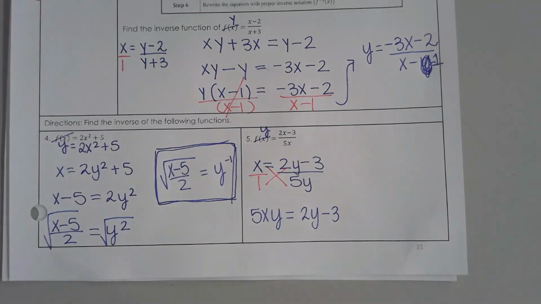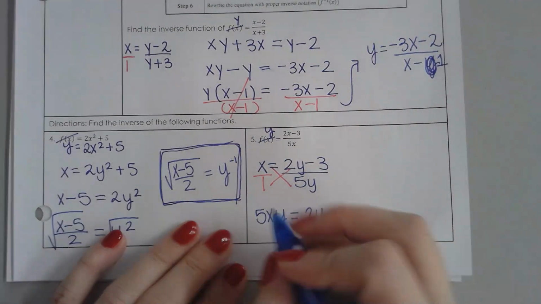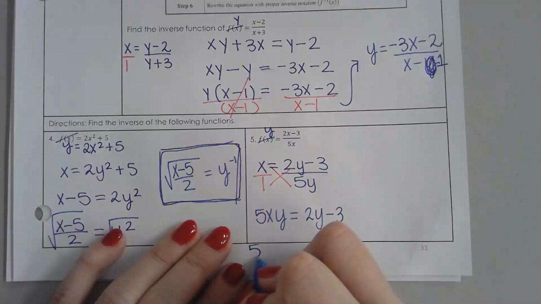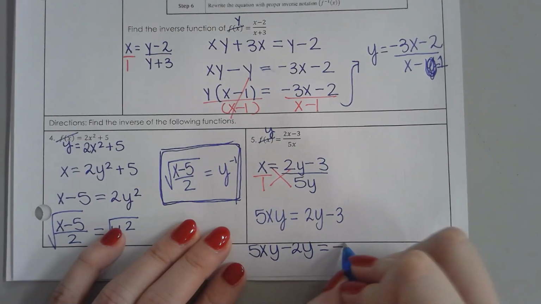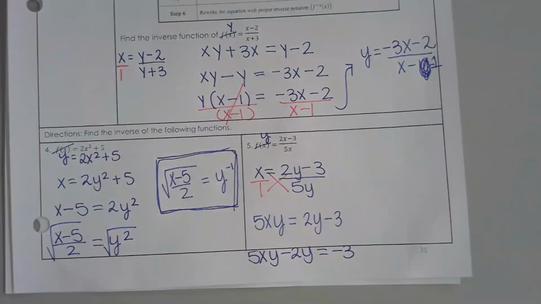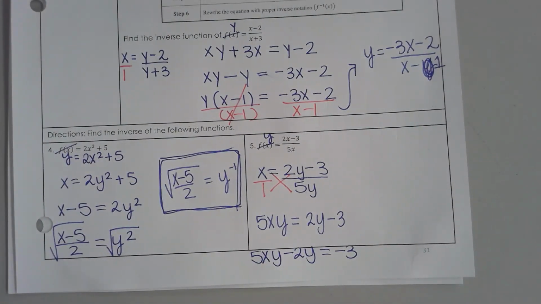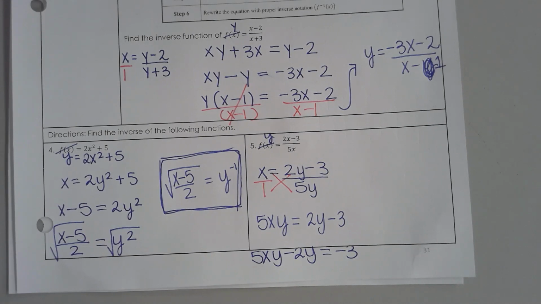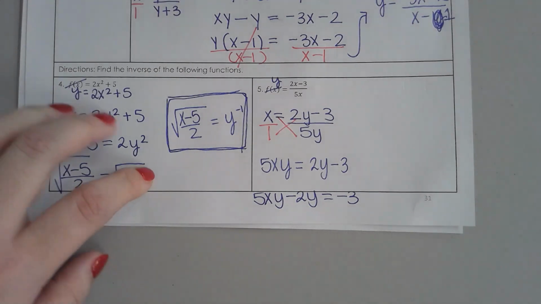Then we want to get everything that has a y on the left, everything that does not have a y on the right. In this case, the only thing that I need to move is this 2y. So 5xy minus 2y equals negative 3. What's next?